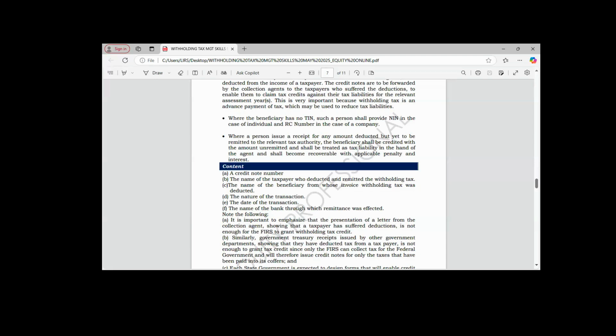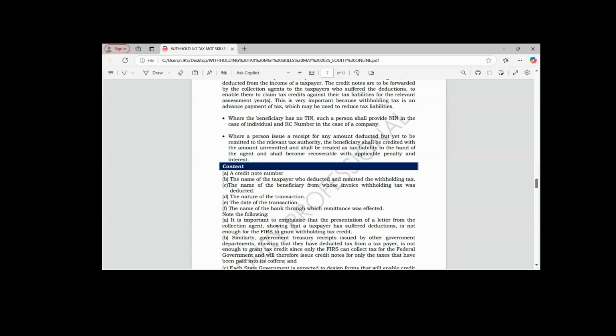So what will now happen is that that person that has deducted and failed to remit is going to be liable to that amount, and also an administrative penalty and interest. So that means where you deduct and you did not remit. Before, if you did not remit, the person would not have the avenue to claim the withholding tax.